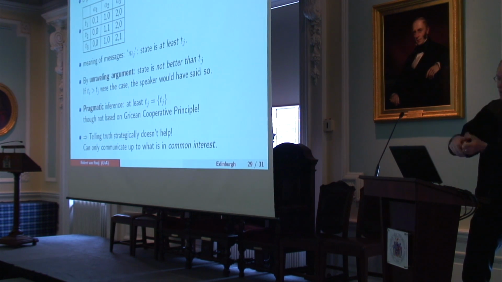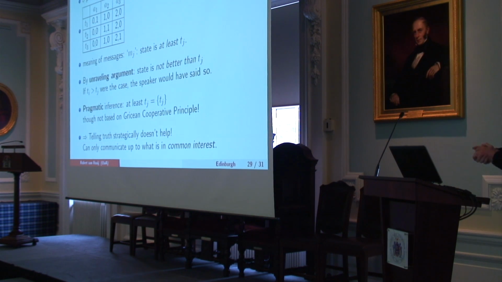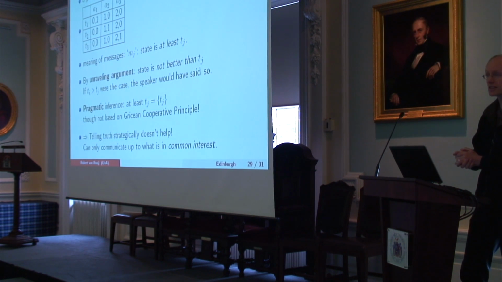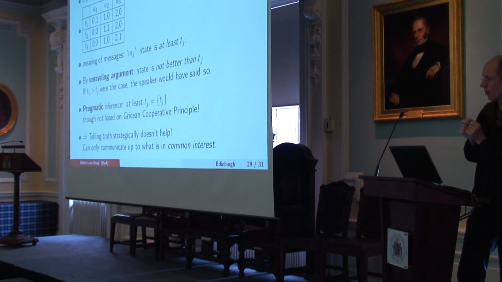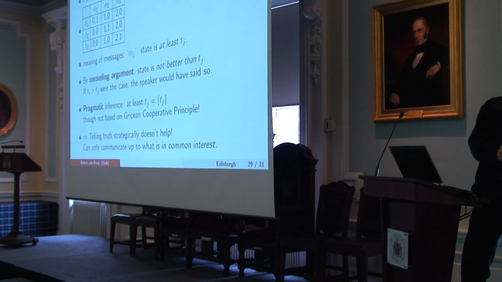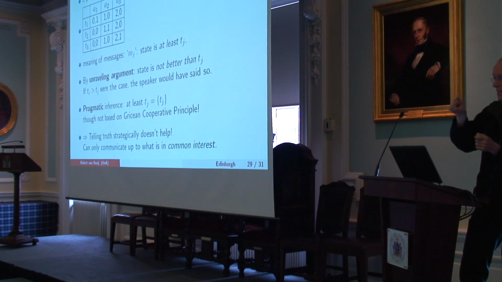Unfortunately, you can account for this very easily. You can see through why I say T2 or T3 and not just T2, and then argue that the speaker who says T2 or T3 must actually be in state T2. So the hearer can see through the reason why I am vague about the actual state.